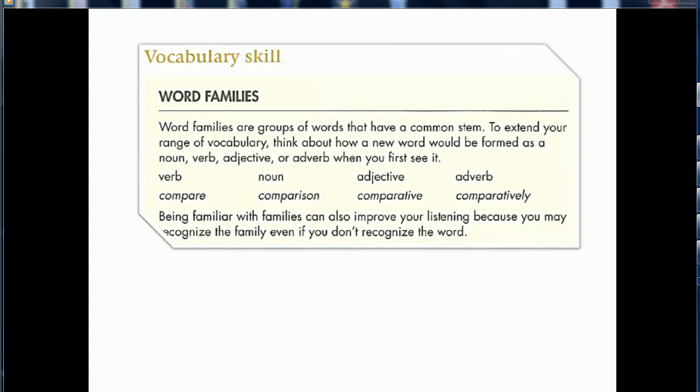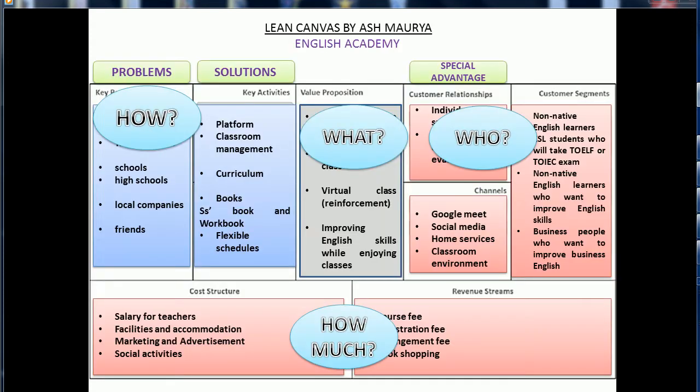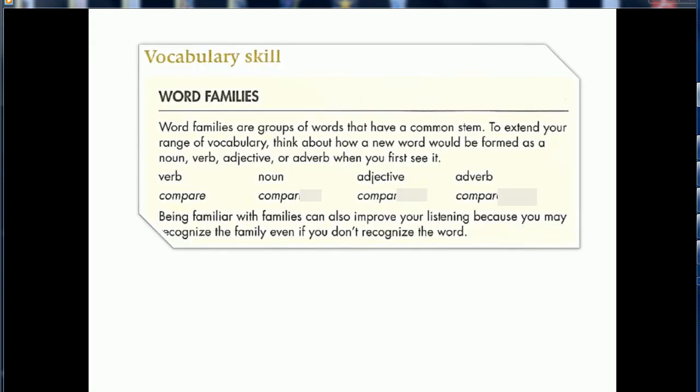Okay, guys, now I want you to pay attention here because we are going to check some words that are somehow familiar. For example, we have a verb, a noun, an adjective, and an adverb. The first example is the verb to compare. Notice here that in the verb to compare, we share the same stem.